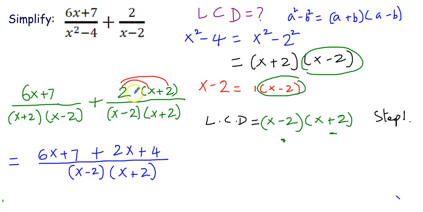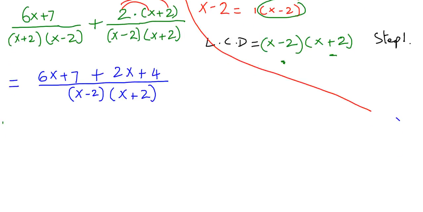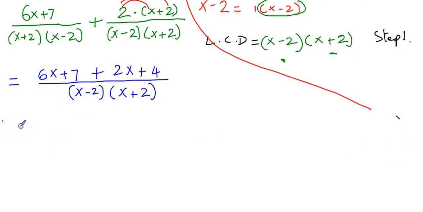that is 4. Now in the numerator, we are seeing an expression here like 6x plus 7 plus 2x plus 4. You have a chance of simplification. You can easily combine the like terms like 6x plus 2x. Combine those two together. 6 plus 2 gives you 8. 8x plus 7 plus 4.